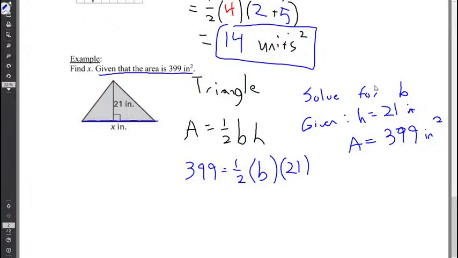So we know the area, and we're trying to solve for some other piece of it. Easiest way for this equation is to simplify on the right side and say, oh, half of 21, that's going to be 10 and a half.